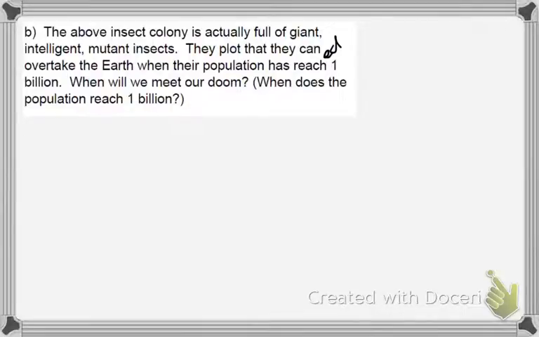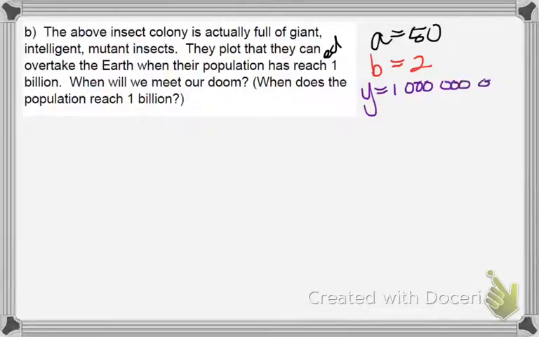We have some of the same variables as our first question. Our initial population is still 50, we are still doubling, so our b value is still 2. This time we know our y value is 1 billion, so that's 9 zeros. There's part of x that we know and part that we don't.